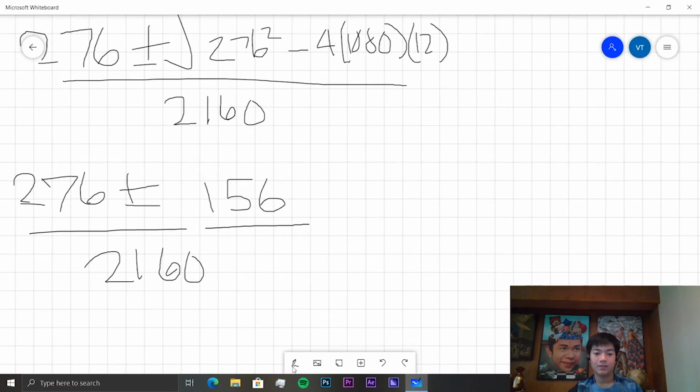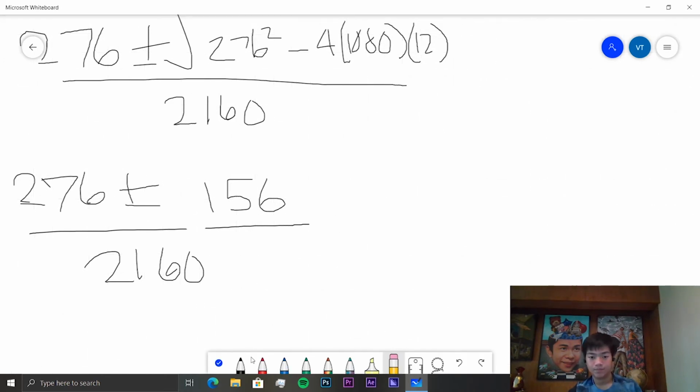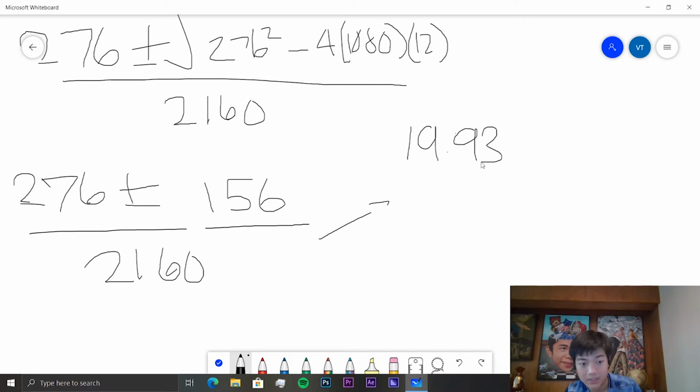One value is 276 plus 156 divided by 2160, which is 19.93. And another value is 276 minus 156 over 2160, which is equal to 0.05.